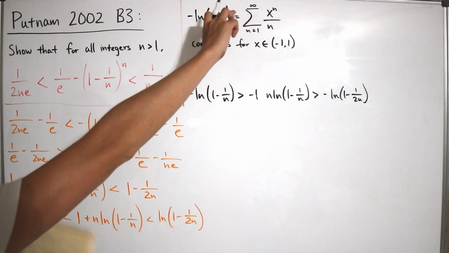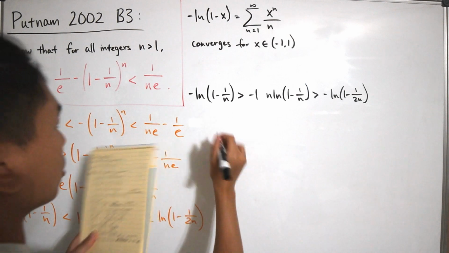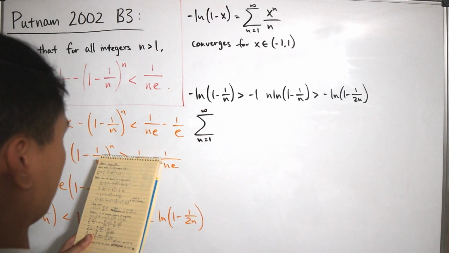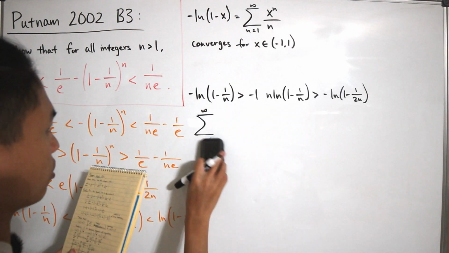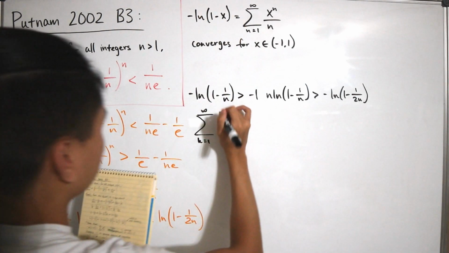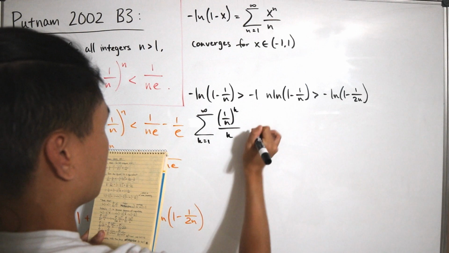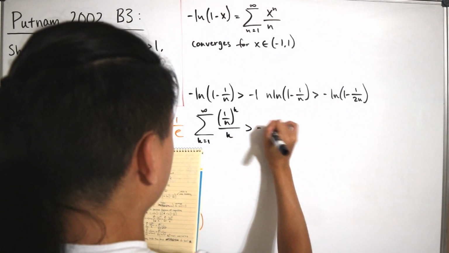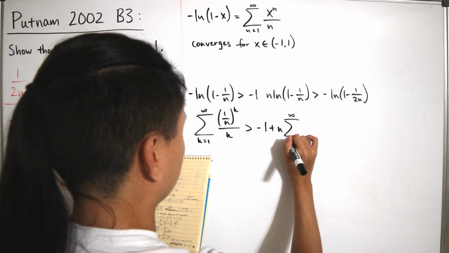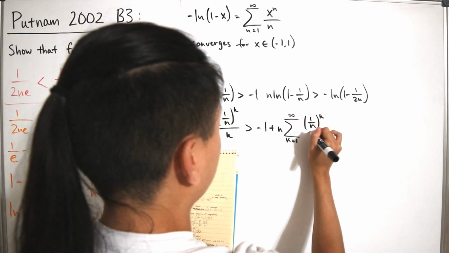And now we can use our Taylor series to rewrite the entire inequality. So this will convert to the following. This is going to be the infinite sum from k equal to 1, since everything in our term is with n, of, now we just have to put in the inputs, so it's just 1 divided by n, to the power k, divided by k, which is greater than negative 1, then add this with n multiplied with the infinite sum, k equal to 1 of 1 divided by n to the power k, divided by k.